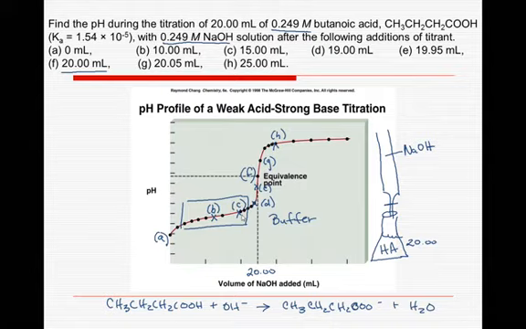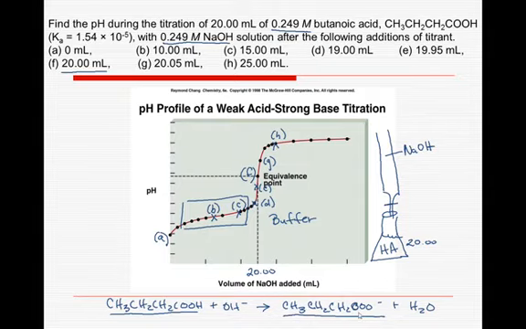But we also can see the ingredients present here. We have in our flask at these points B and C butanoic acid. We've added sodium hydroxide. It has converted some of the butanoic acid over to its conjugate base. So a solution which contains a significant amount of a weak acid and its conjugate base, those are the parts of a buffer.